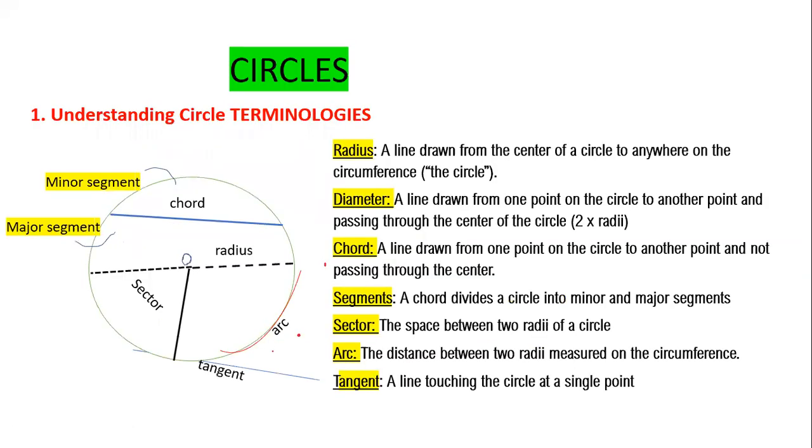So in our next lesson, we'll talk about circles. Because for us to understand circle geometry, we need to understand our properties, and then we need to understand the circle terminologies because we're gonna use them a lot. We'll talk about radius, diameter, chord, segment, sector, arc, tangent. So we need to know what these things mean, so we will introduce them in our next lesson.